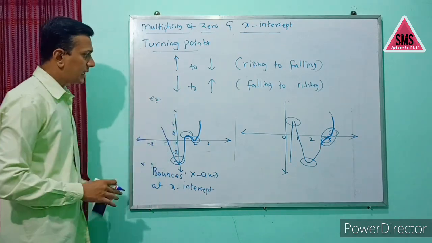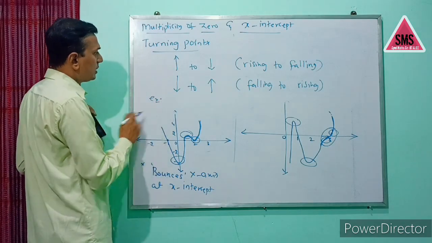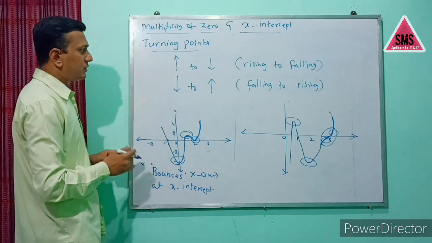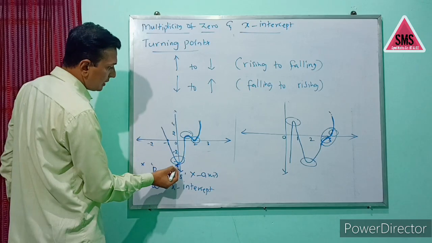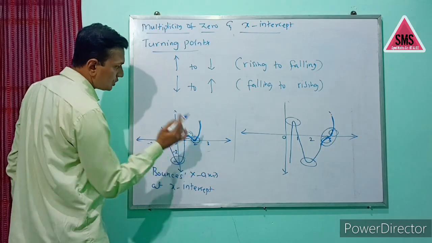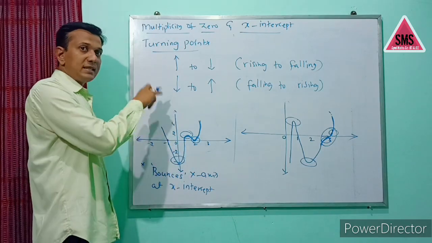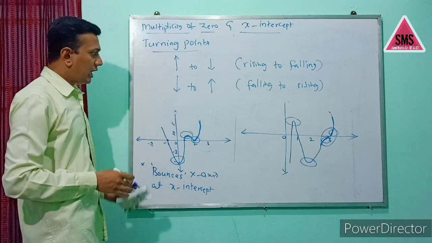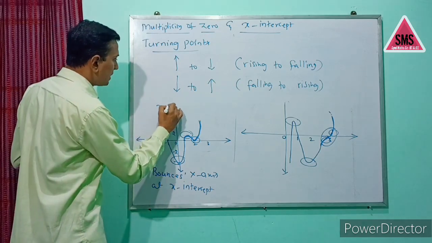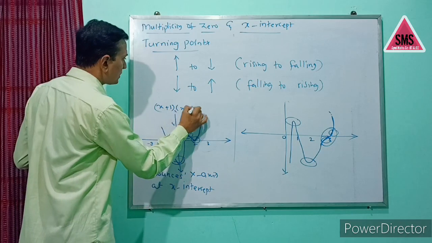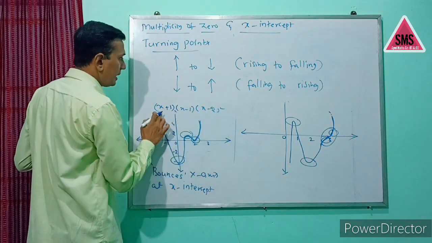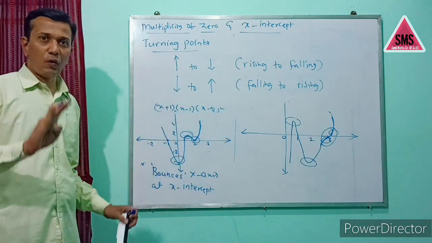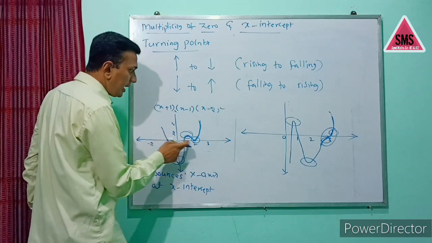Before going to that example, I said turning points. How many turning points will be there in this case? We have seen 1, 2, 3. What was the degree of the polynomial? This was the polynomial: x plus 1 into x minus 1 into x minus 2 whole square. Here the degree of the polynomial was 4, so we got 3 turning points.